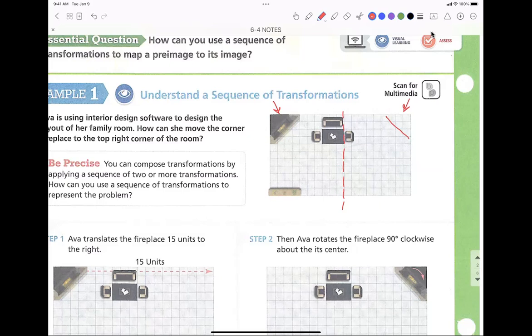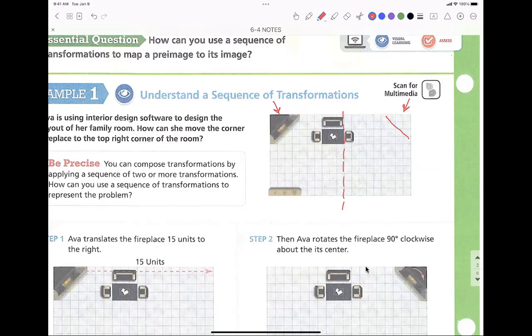A single transformation could also move the fireplace to the corner. What kind of transformation is this?